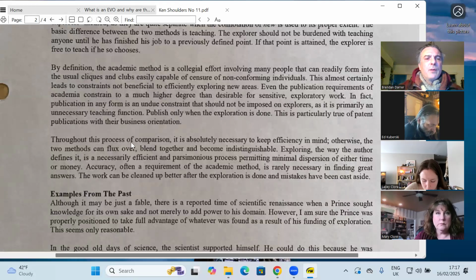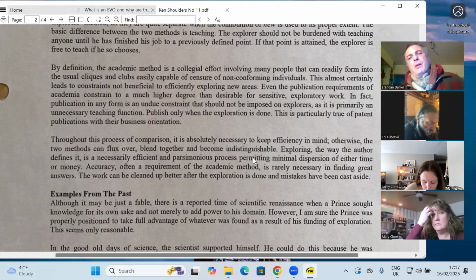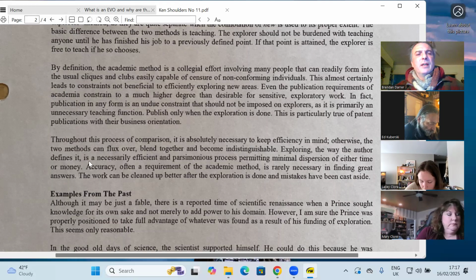About this process of comparison, it is absolutely necessary to keep efficiency in mind. Otherwise, the two methods can flux over, blend together, and become indistinguishable. Exploring the way the author defines it is a necessarily efficient and parsimonious process, permitting minimal dispersion of either time or money.